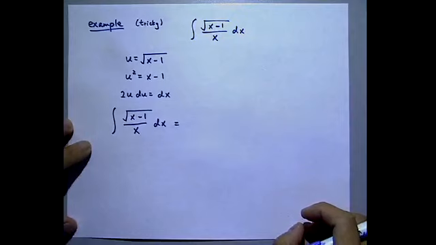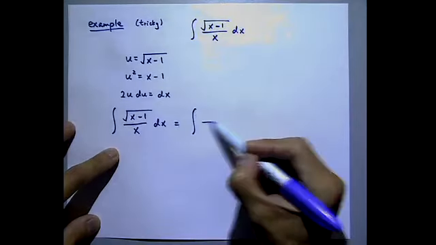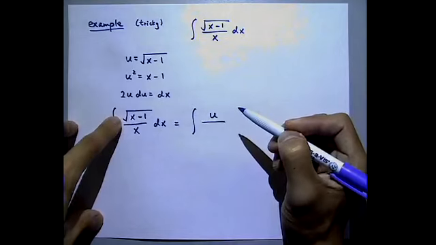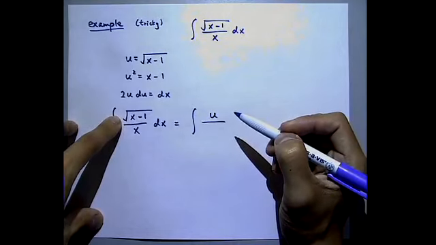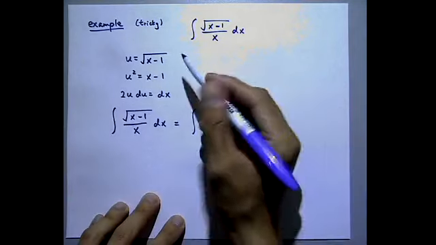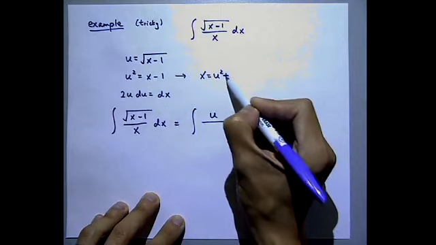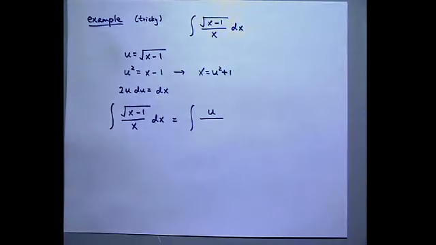And now the original integral turns into u on the top, and downstairs is x, which is equal to u squared plus 1 from the middle equation.